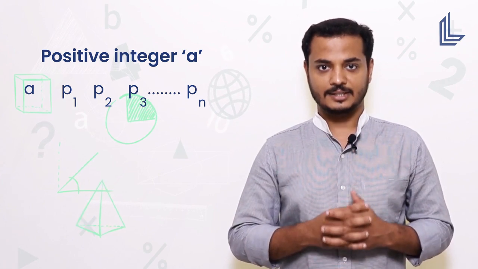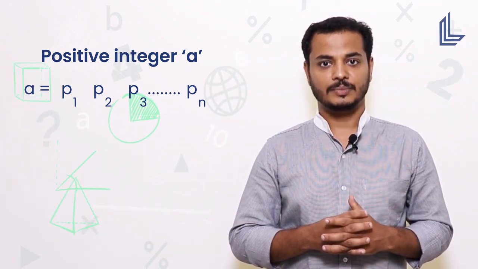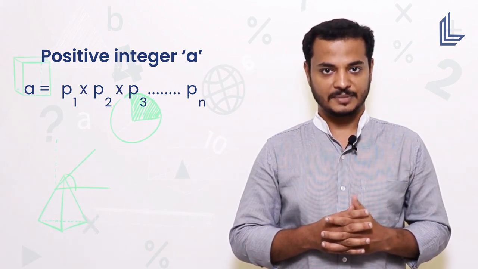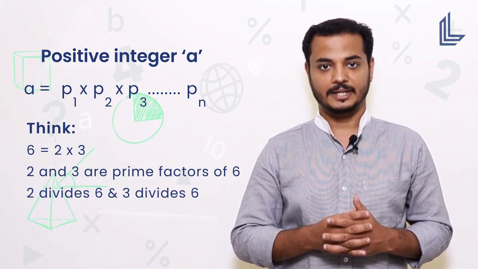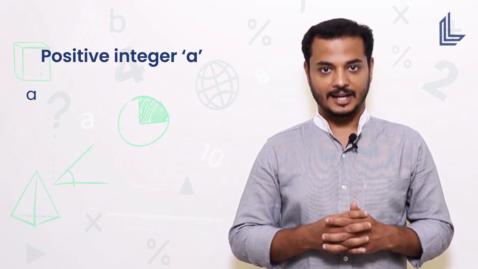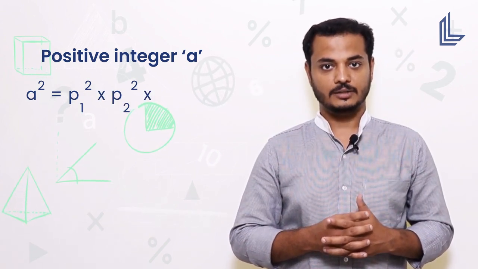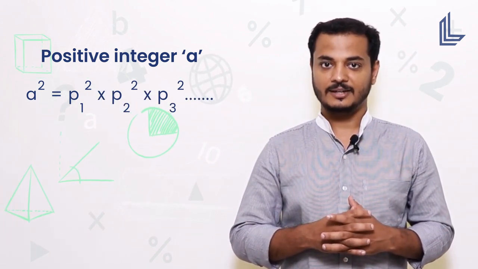Now let's write this formally. So we can write a as a is equal to p1 times p2 times p3 times etc. till pn. Now squaring this equation, we get a square is equal to p1 square times p2 square times p3 square till pn.